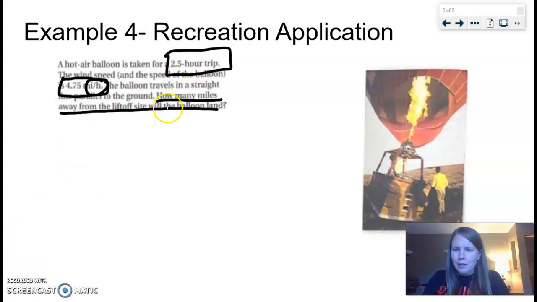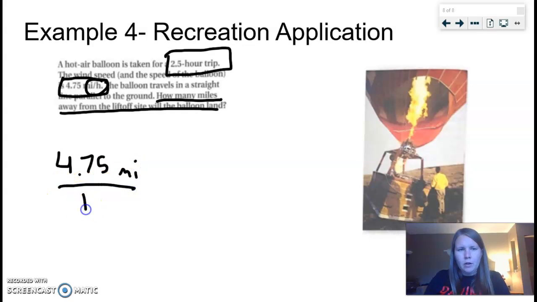Alrighty, so one way we can do this is thinking about proportions. In this case, they say 4.75 miles per hour, so I could say 4.75 miles for every 1 hour. I'm setting up a ratio right now.